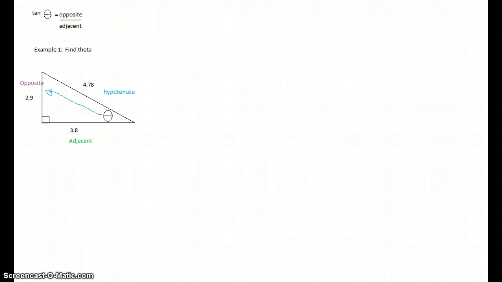Now from here, I'm just going to use my equation, tan of theta equals the opposite, which is 2.9, divided by the adjacent, which is 3.8. So 2.9 divided by 3.8. If I divide that out, I get 0.76. Now, I want to find theta, so I want to get theta by itself.